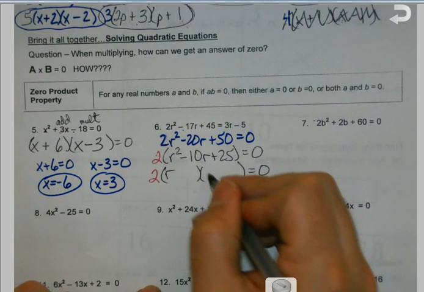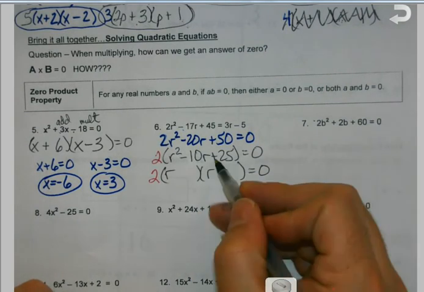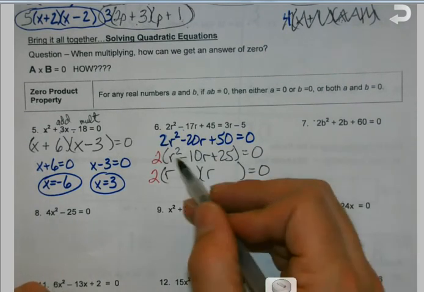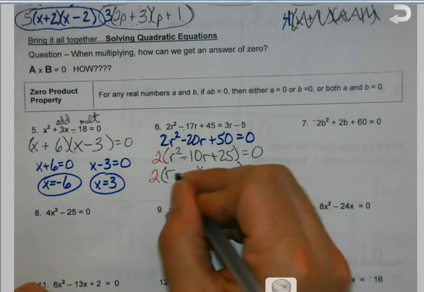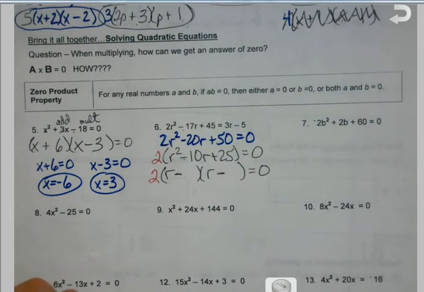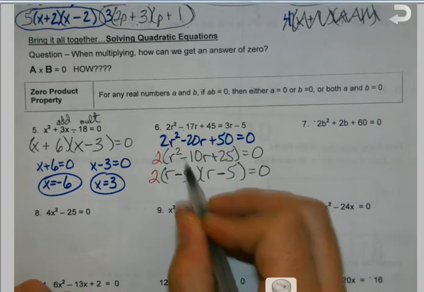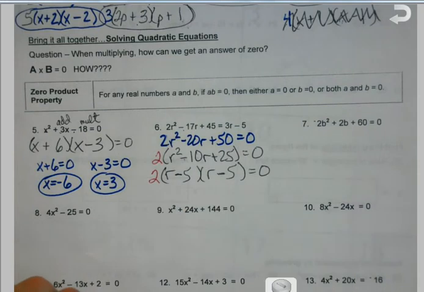So I know that's r. I know plus 25 is negative and negative or positive and positive, but the middle tells me it's negative, negative. What are my numbers going to be this time? 5 and 5, because 5 times 5 is 25. 5 plus 5 would be 10.